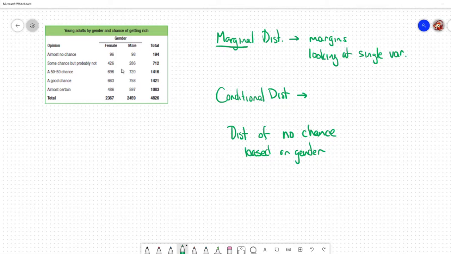So now gender becomes, okay, that's my denominator. So I could see that for the females, there's 2367.